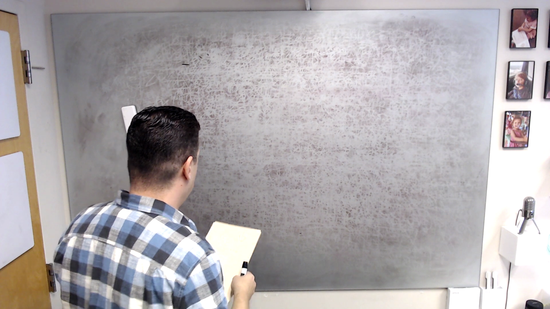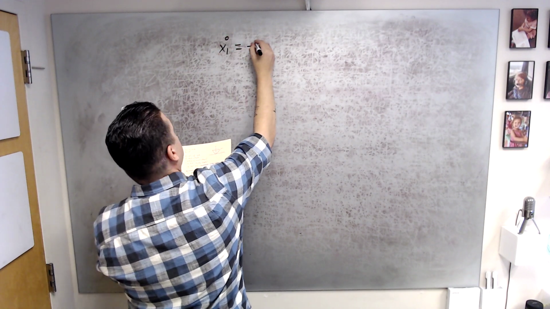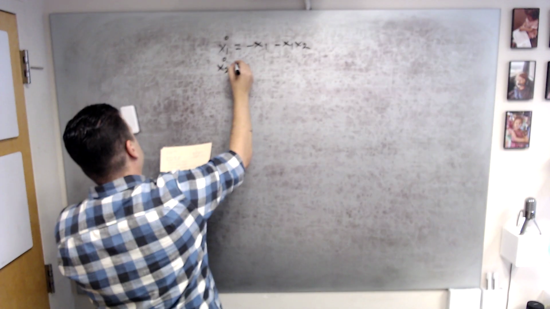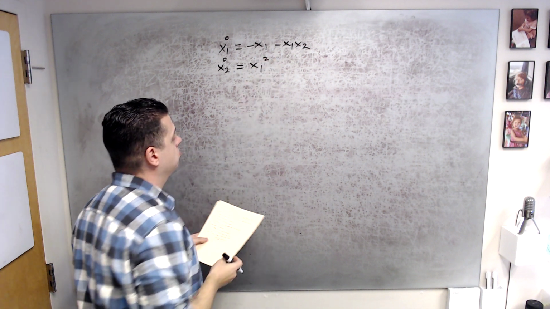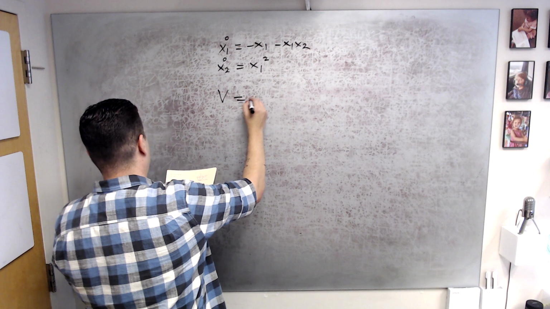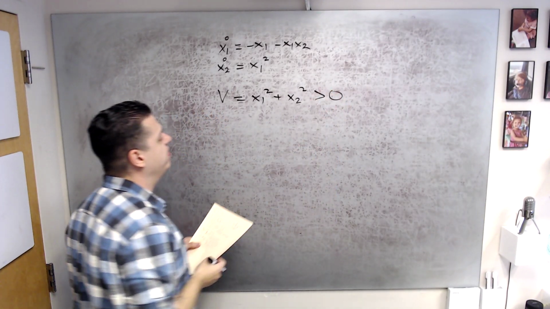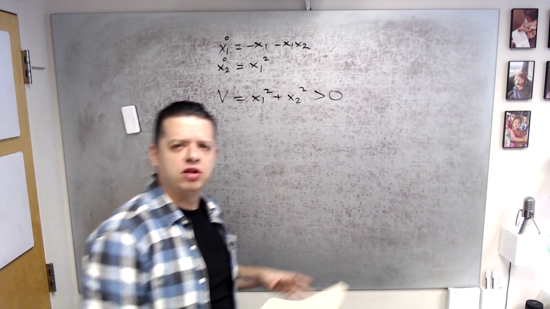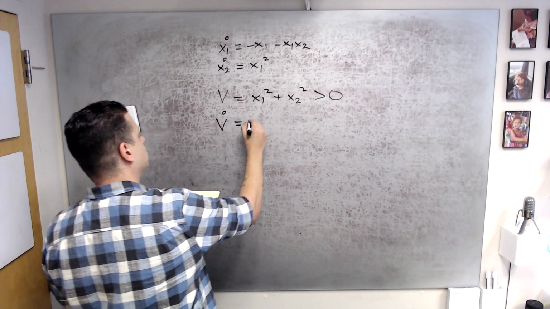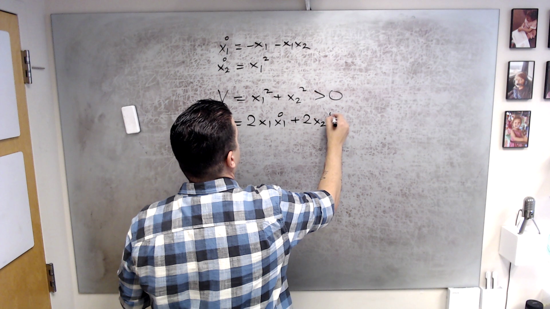So let's say you have x1 dot equals minus x1 minus x1 x2, x2 dot equals x1 to the power of 2. All right, let's consider a Lyapunov function, x1 to the power of 2 plus x2 to the power of 2. It is positive definite, radially unbounded, it contains the origin, all the same stuff. V dot is 2x1 x1 dot plus 2x2 x2 dot.